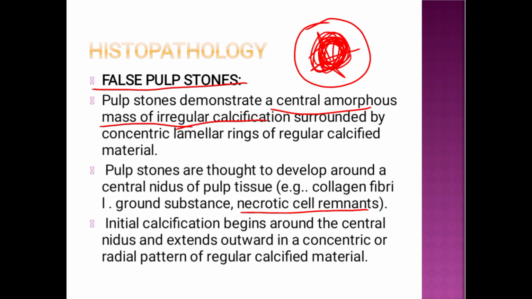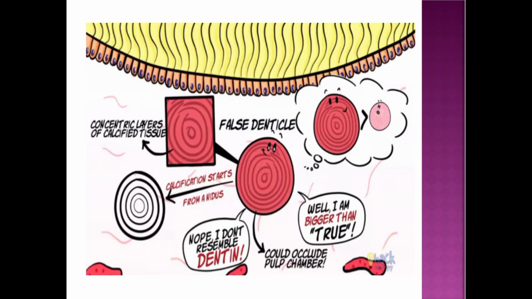Very important, the histology has concentric laminar rings of regular calcified material with an amorphous mass of irregular calcified material in the center. So this is a false pulp stone.